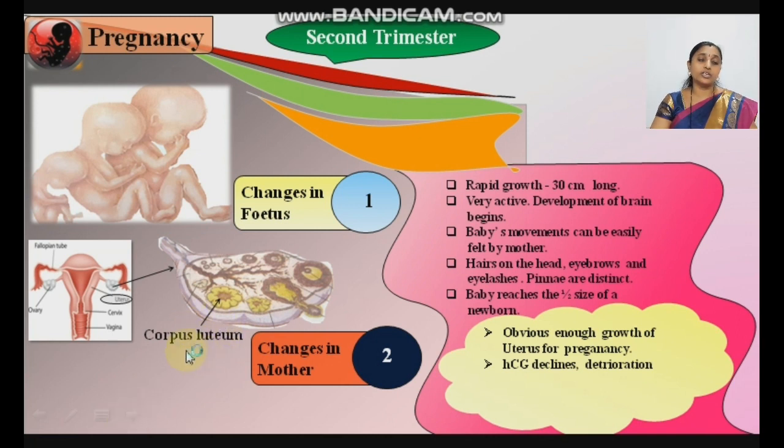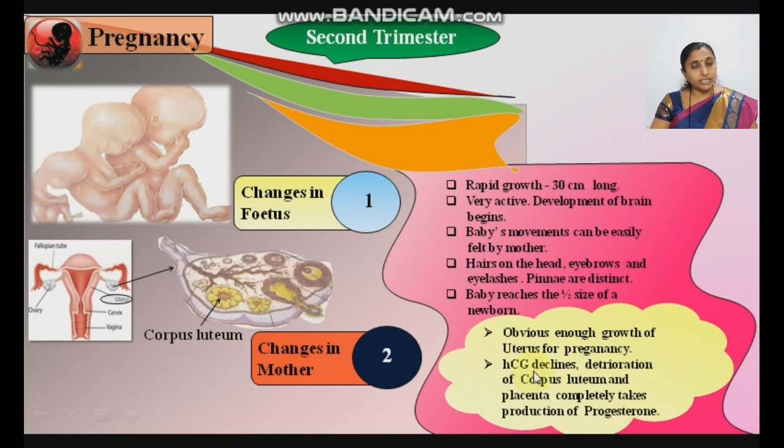So now the function of the corpus luteum is taken over completely by the placenta. See here, progesterone is now secreted from the placenta, which is the connection between the mother and fetus. Due to the decreased level of human chorionic gonadotrophic hormone, the corpus luteum deteriorates and the placenta completely takes over production of progesterone.